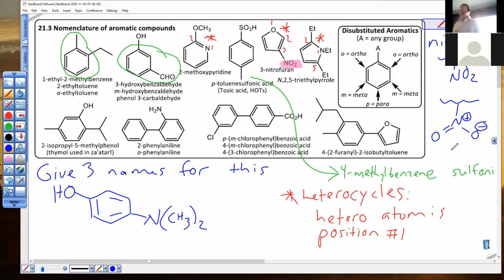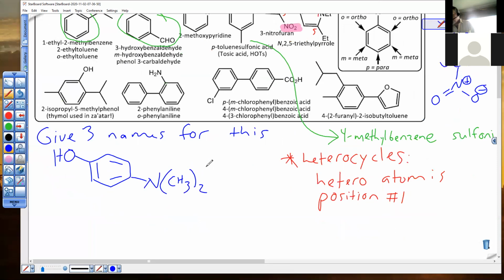And then we're going to finish this segment by giving 3 names for this molecule. We can go straight up with just calling it benzene, which is kind of boring. Then you just have to name the 2 groups, hydroxy and dimethylamino. So we'd say 1-hydroxy. I didn't even use ortho, meta, para.